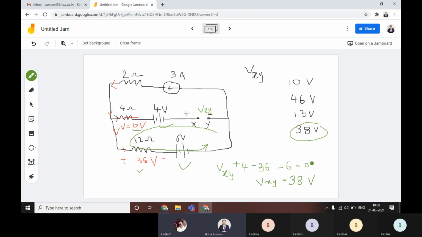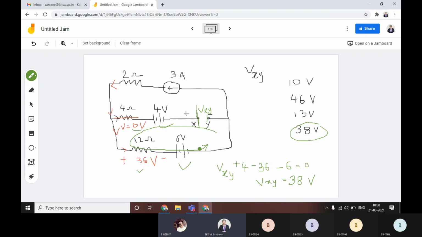Here we are actually assuming this is kind of, for suppose, a battery connected here. We are finding Vxy. For that reason, we have taken it. We need to find Vxy. Anyway, for that reason, we have taken the loop equation.